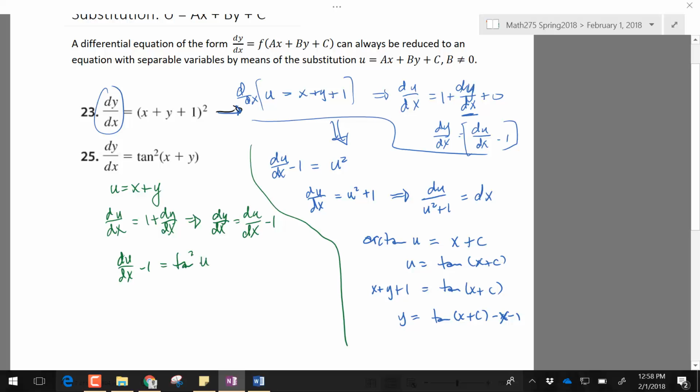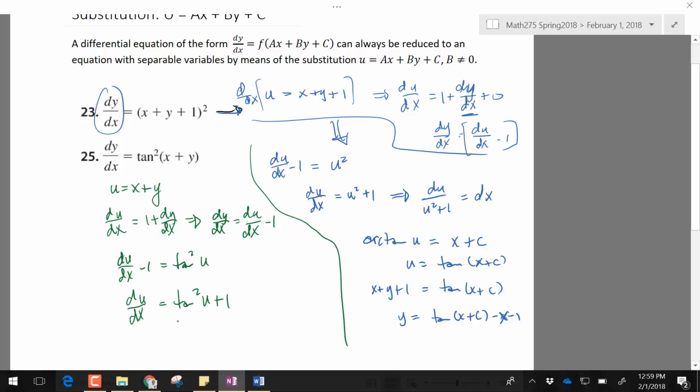And I guess we're going to, oh, I don't know if this is easy anymore. Oh, nice, the first one. All right, we're going to probably separate it again. Du dx equals tan squared u plus 1.